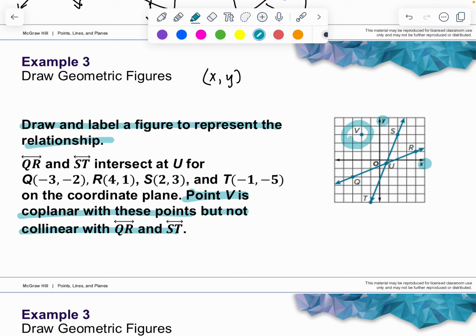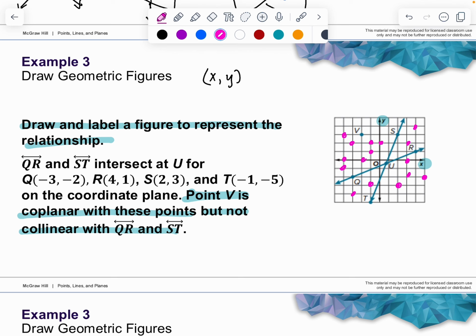Did it have to be there? No. Point V could be anywhere they wanted. So I'm going to choose, I love pink. Pink is my favorite. V could have gone here. V could have gone here. V could have gone here. Anywhere they wanted, as long as it didn't touch a single one of those lines. Any of these points was fine, guys.